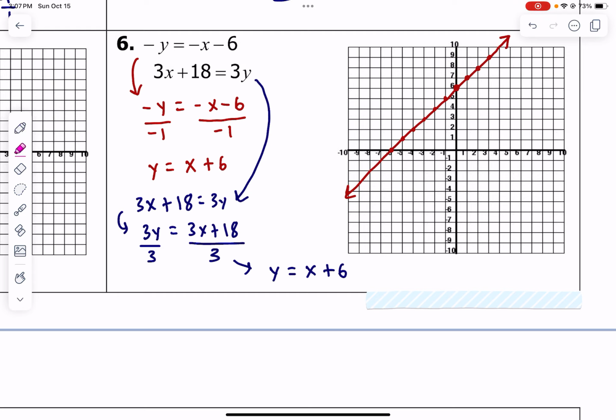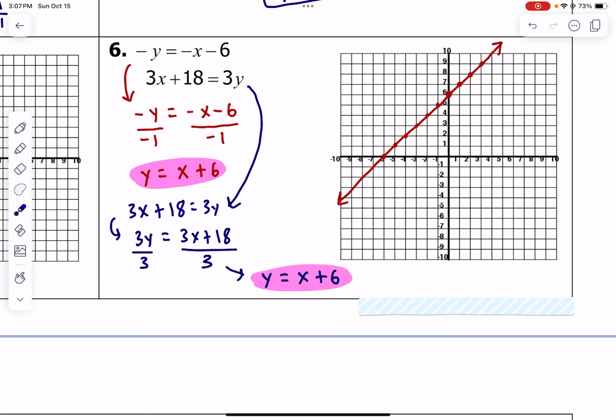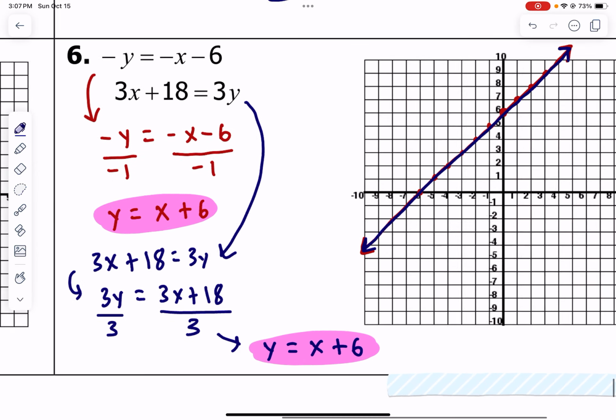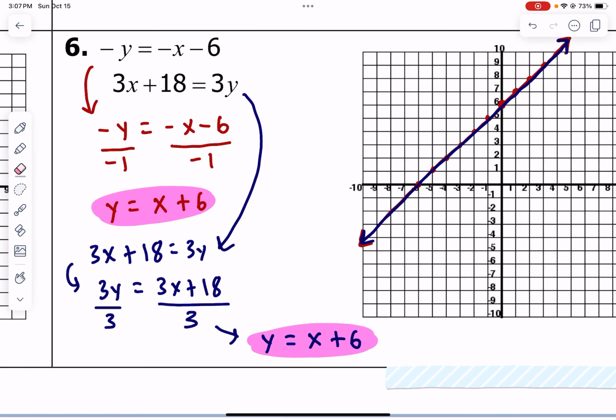Notice that these two equations, the first equation and the one we just found, are exactly the same. So if you wanted to graph this one, it would actually just lay on top of the red curve as well. Once again, in this case, these two lines would be what we call coincident lines. Make sure to write that down.